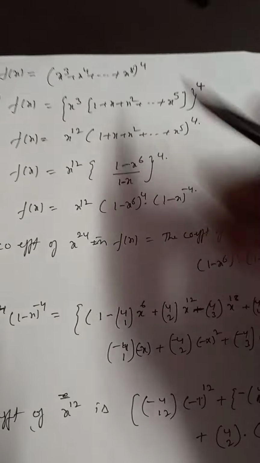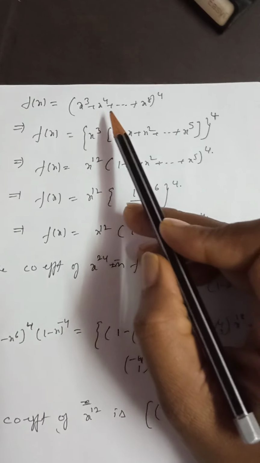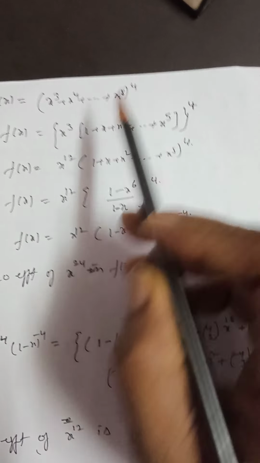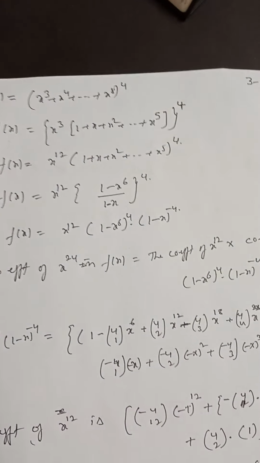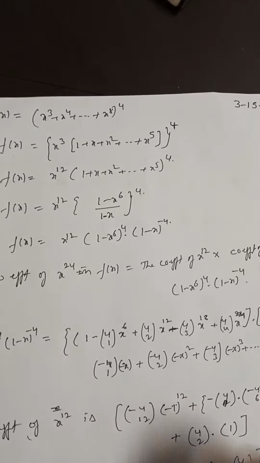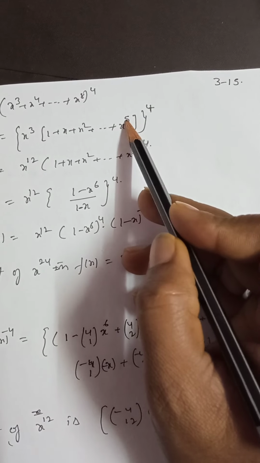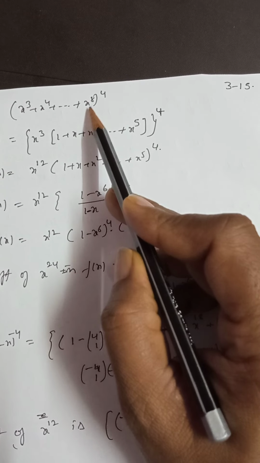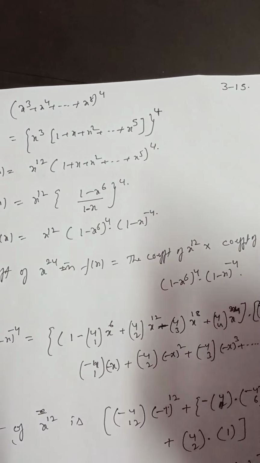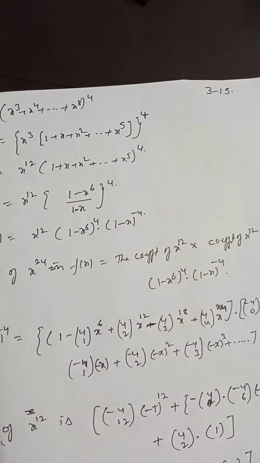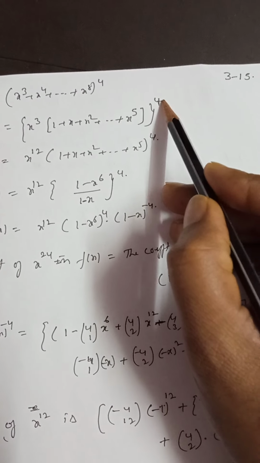See, now f of x is equal to (x cube plus x power 4 plus so on x to the power of 8) to the power 4. Here f of x is equal to, we are taking x cube as a common element. Now (1 plus x plus so on plus x to the power of 5) we will get. Here the last term is x to the power of 8, we are taking x cube as a common element, therefore the last term will be x to the power of 5 only, whole to the power of 4 as it is.